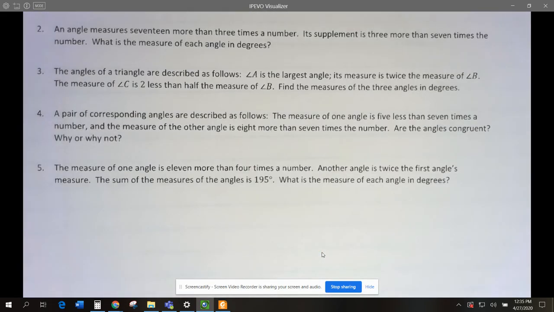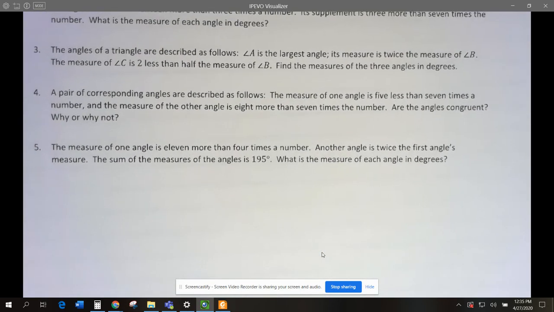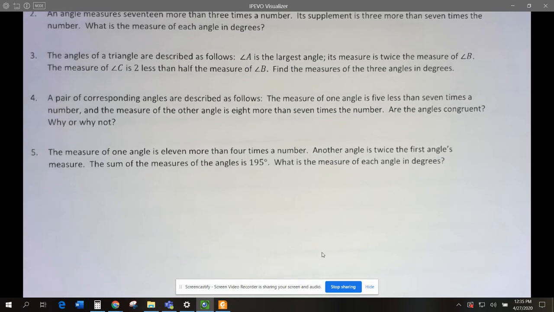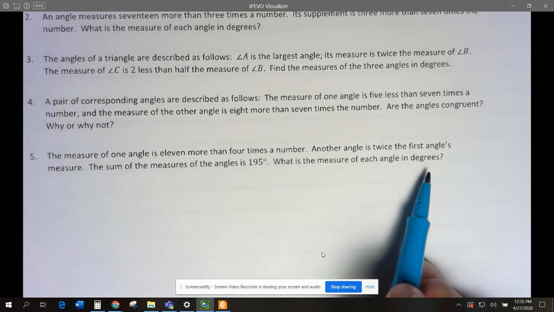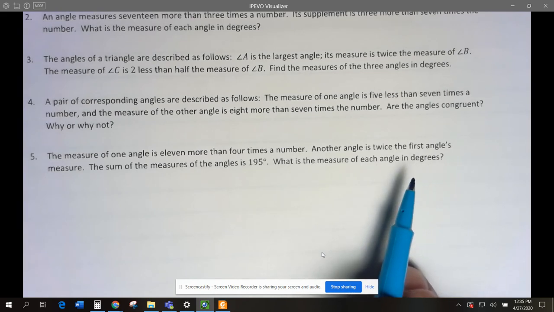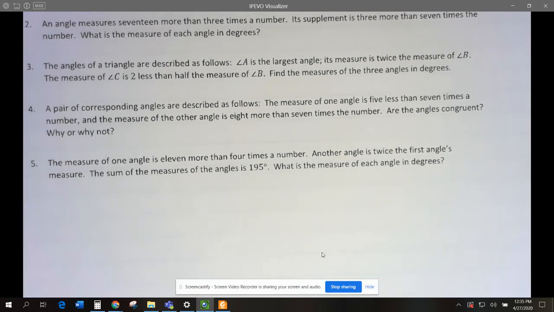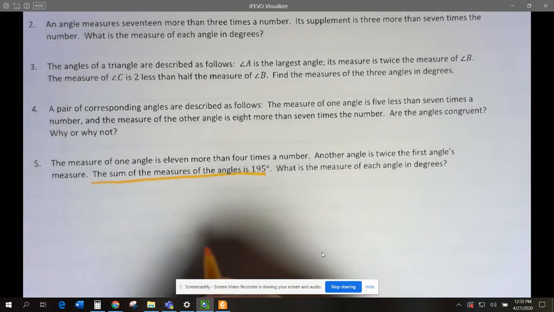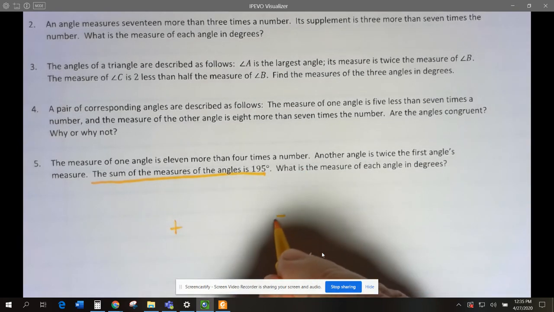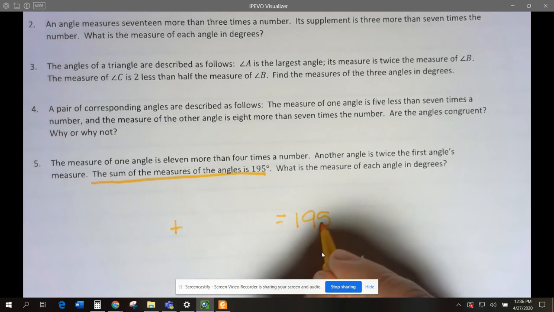Our last problem of this problem set. Once again, this is one of those where we've got to find the measure of each angle in degrees. It tells us that the sum is 195 degrees. Sum means to add. So when we add, we're going to get 195 degrees.